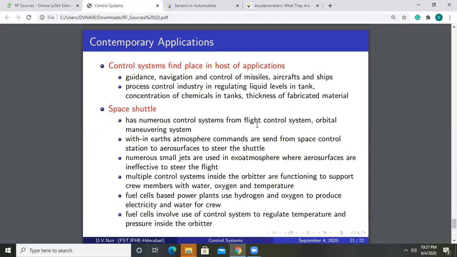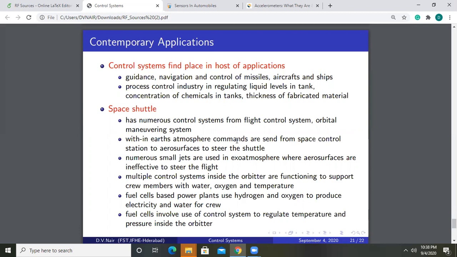All of this is automated and controlled with very few things left for the crew and the man who will be guiding the mission. So we have different control surfaces like aero surfaces when the spacecraft is inside the Earth's atmosphere.